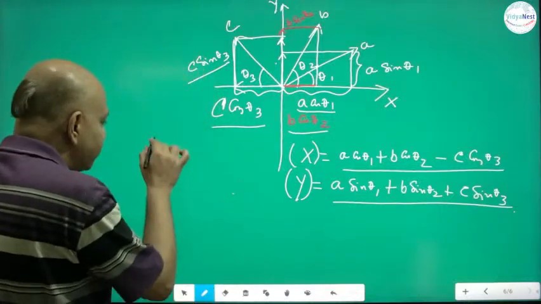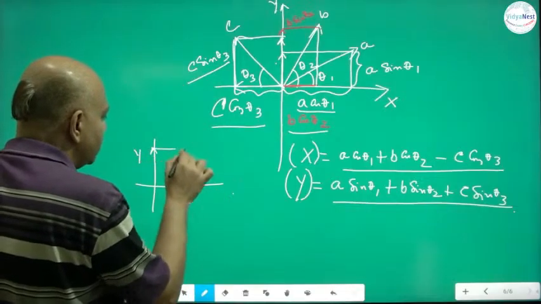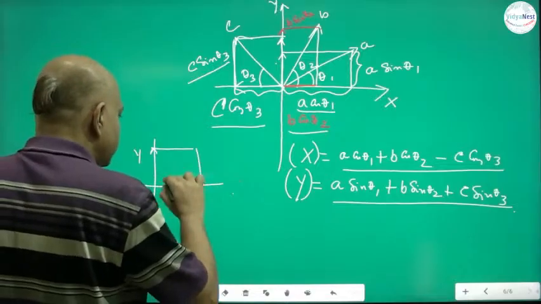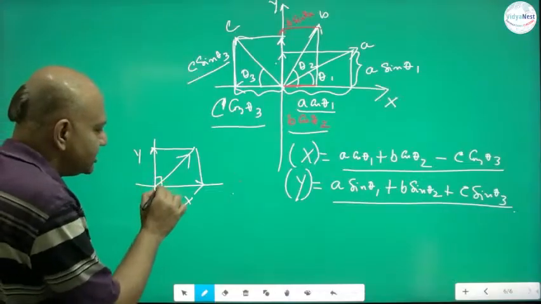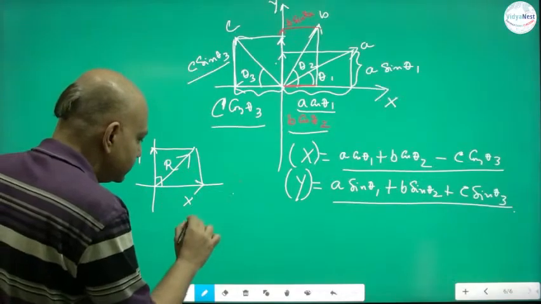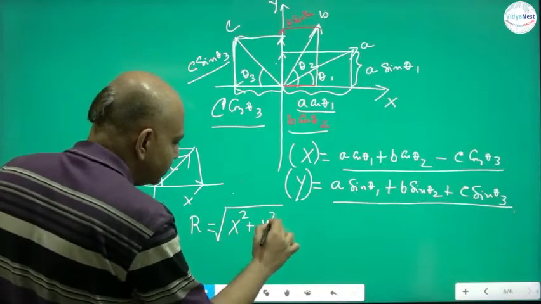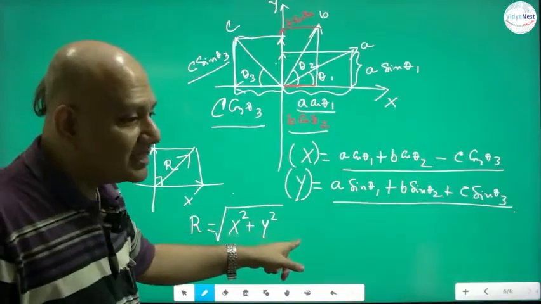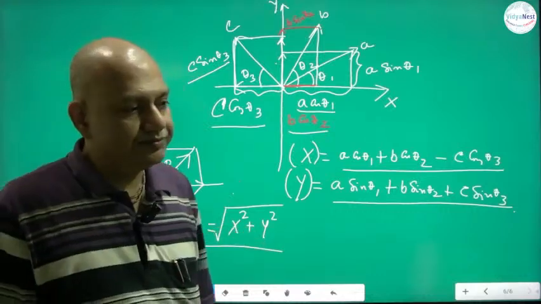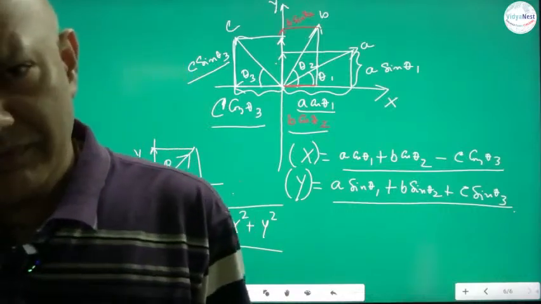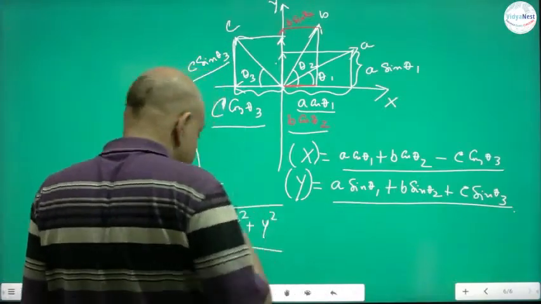Therefore, we have this much x and this much y, which are mutually perpendicular. So the resultant R is equal to root over x square plus y square, because 2xy cos 90 is 0. So the final resultant is this way. Is it clear? Properly clear?